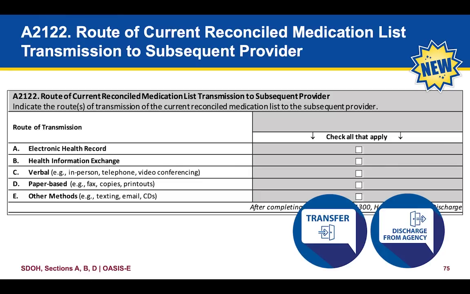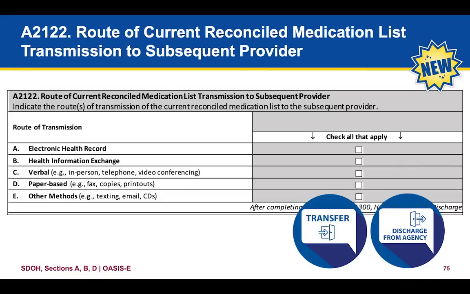Here's the snapshot of A2122, route of current reconciled medication list transmission to subsequent provider, as it appears in the OASIS-E on page 2 of the transfer instrument and on page 3 of the discharge from agency instrument. Remember that you are going to complete this data element if the response to A2120 or A2121 is coded 1, yes. That is, a current reconciled medication list was provided to a subsequent provider at transfer or at discharge.